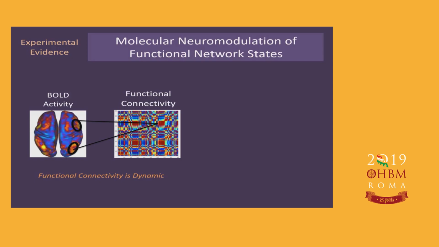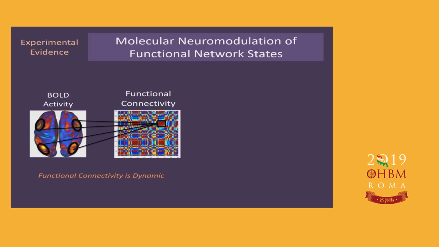Then if we consider a set of different areas, we can talk about a network. So there can be distant areas that for some reason seem to be operating together. And this, in a functional connectivity matrix, appears as a square, meaning that those areas are all correlated together.